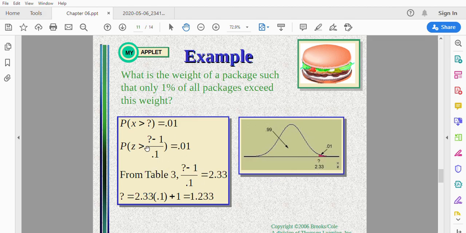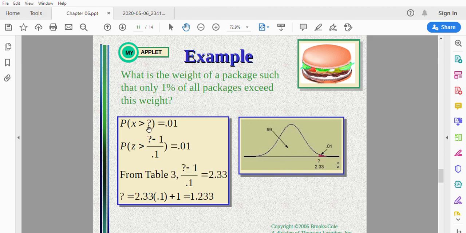This is another example, in which we will find the z value. The probability given here is 0.01, the weight that will be exceeded. We want to find the z value, but we don't know how much it is.